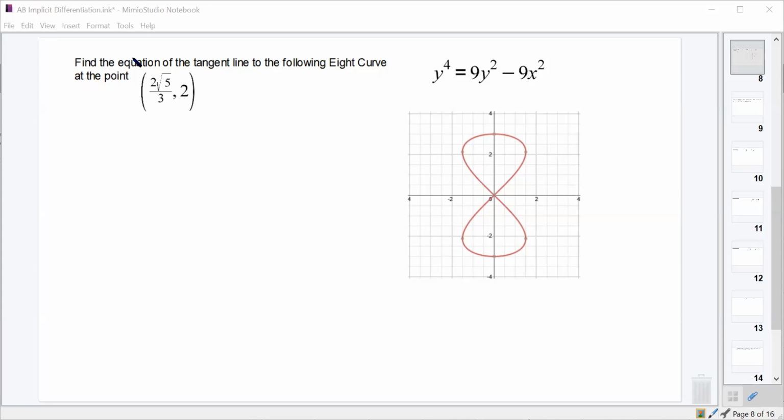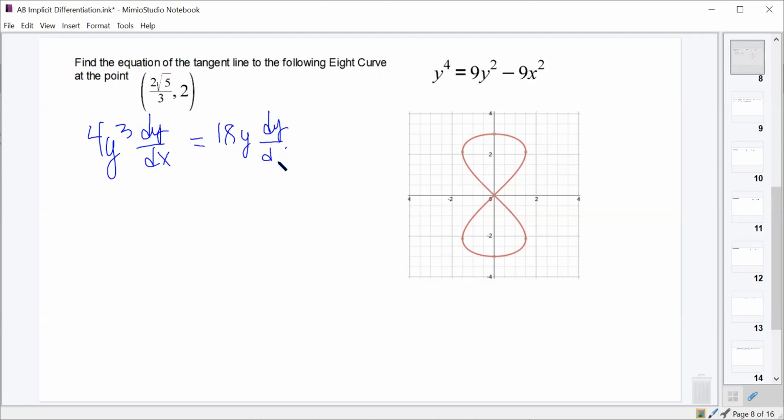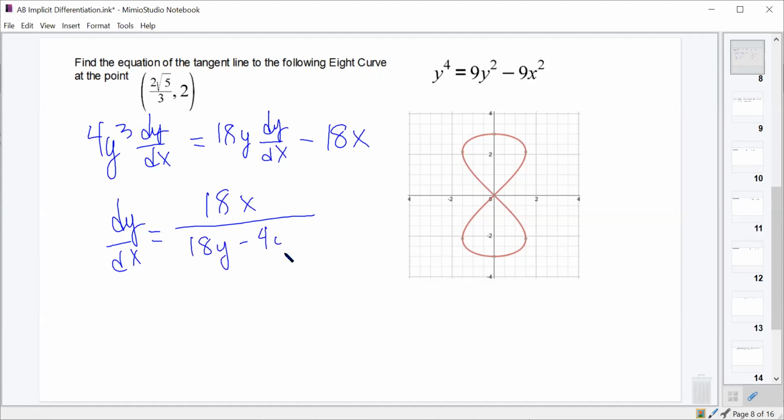I'm going to put up the derivative right now just to make sure that everyone's got that right before they get too far. Or at least the first step of it. So hopefully you got that as your first step, and then would have rearranged that to be dy dx equals that. But we'll talk more about that in a minute. I'll give you guys another minute to finish up.